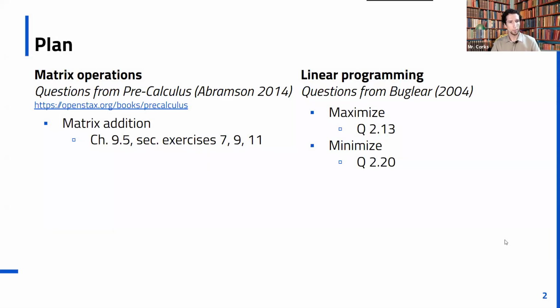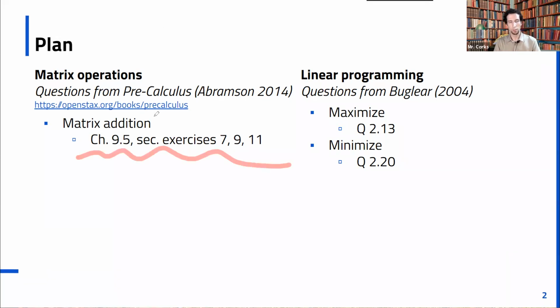These are the specific questions. So I have 3 planned out from matrix addition. So not from our main textbook, as I've mentioned. We are using this other book for the matrix operations. Our main textbook has matrix elimination, but not addition, multiplication, that stuff.